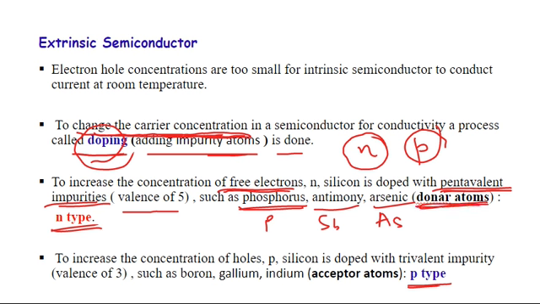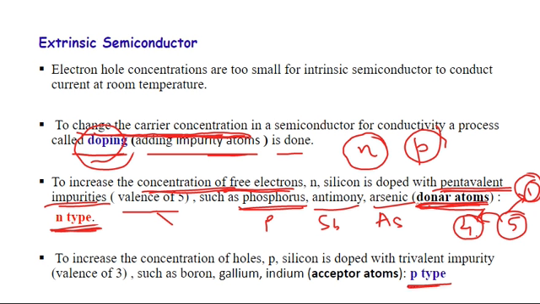Why are they called donor atoms? Because your silicon atom requires 4 more electrons to become stable, but here we are giving 5 electrons. So 4 of the 5 electrons combine to make the covalent bond, and one of the electrons is left free. So the concentration of free electrons inside the N-type semiconductor increases. So they are called the donor atoms.